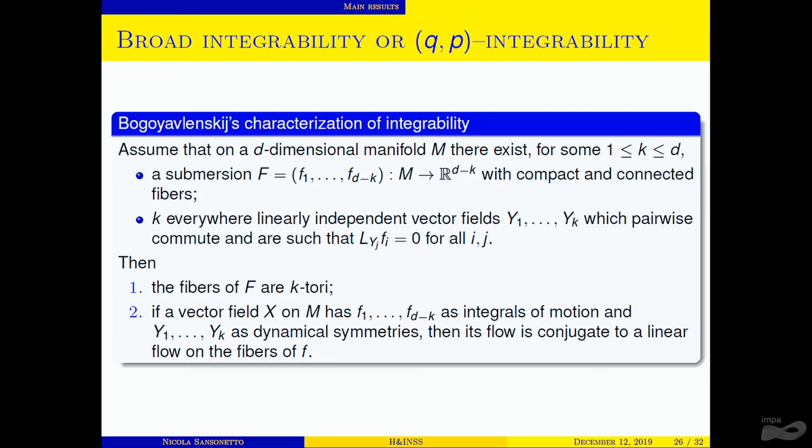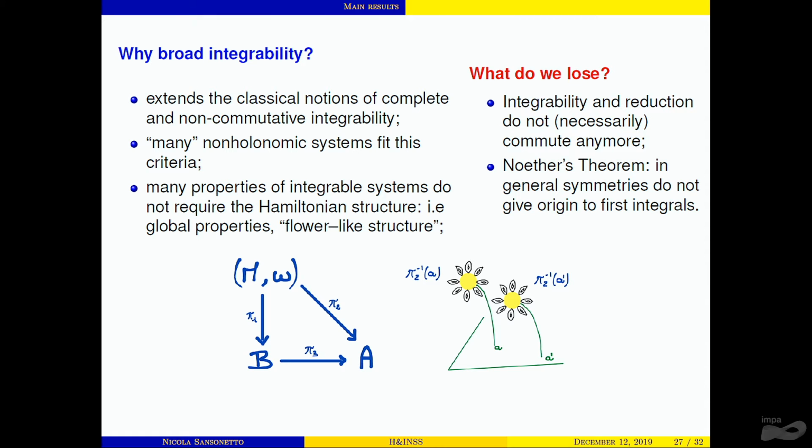And if a vector field X on M has these functions as first integrals, and y1 to yk as dynamical symmetries, then its flow is conjugated to a linear flow on the tori. It is really close to the Liouville-Arnold theorem, or to be more precise, to what is called the Mishchenko-Fomenko theorem. Indeed, the geometry of this kind of system is really close to that of non-commutative integrable systems.